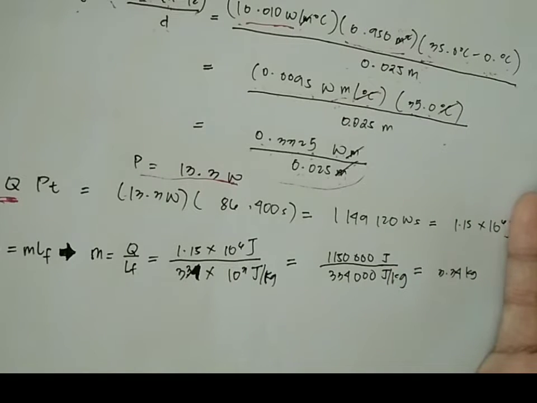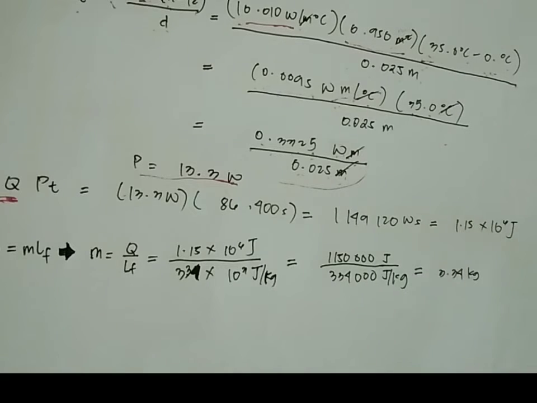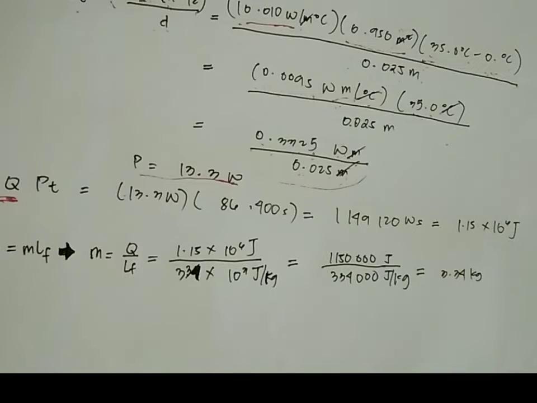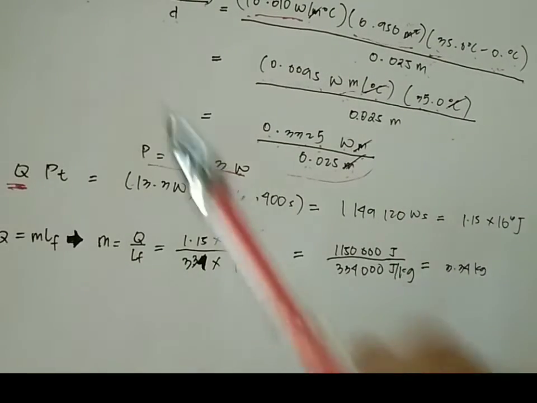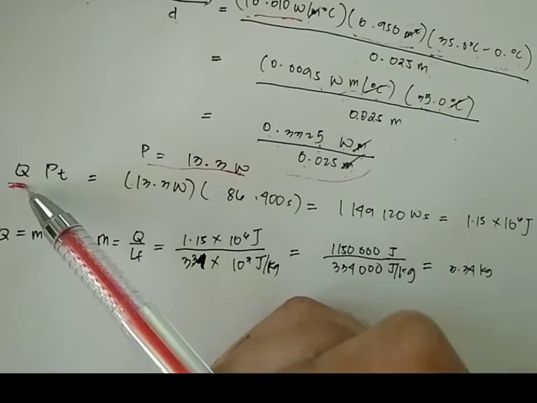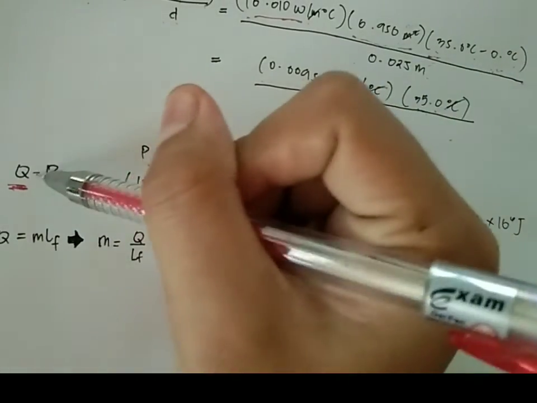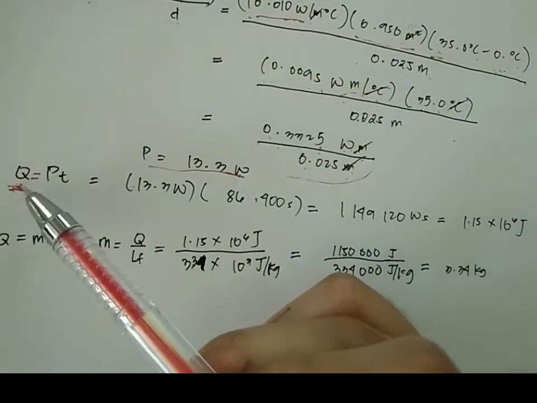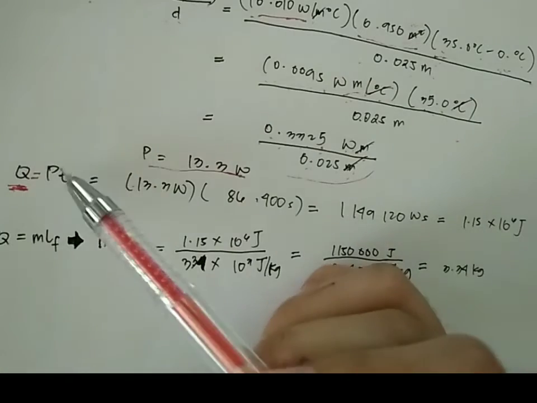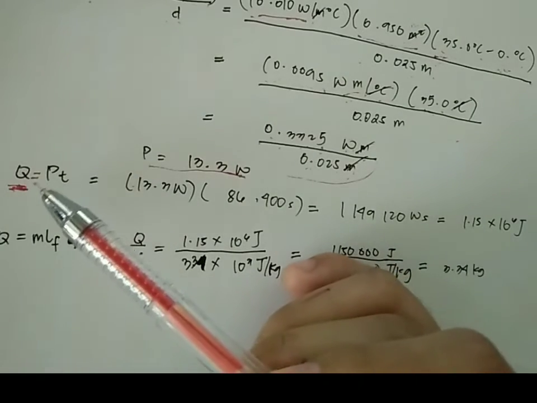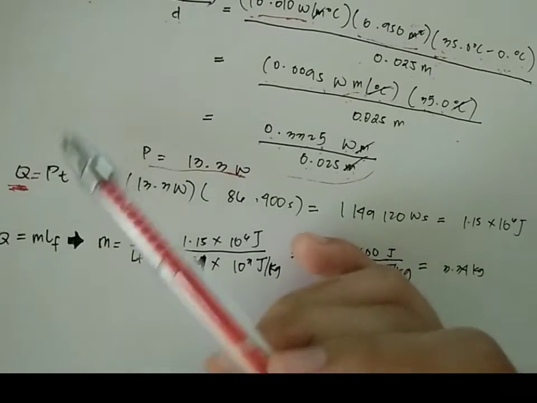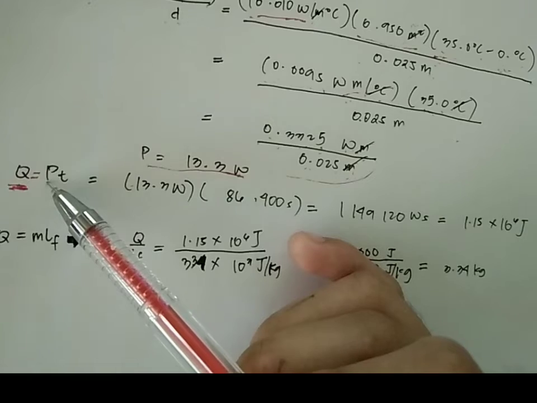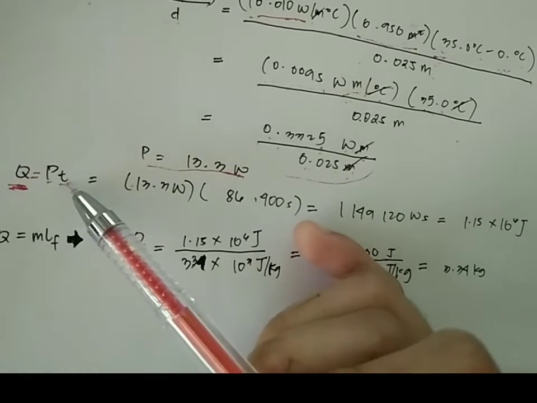After that, we have obtained P, or the rate of the heat transferred, so we can now get Q, or the net heat transfer. Net heat transfer is equal to Pt, which is the rate of the conductive heat transfer multiplied by the time.